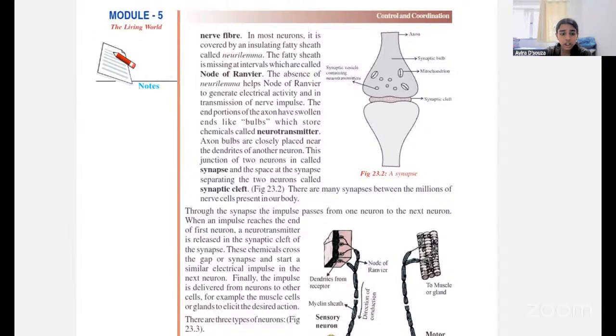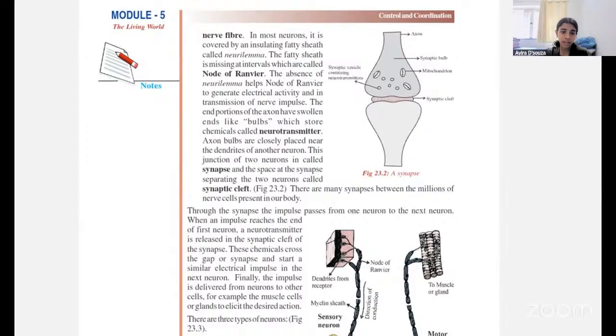The fatty sheath is missing at intervals, which are called nodes of Ranvier. The absence of neurilemma helps the nodes of Ranvier to generate electrical activity and in transmission of the nerve impulse. The end portions of the axon have swollen ends called bulbs, which store chemicals called neurotransmitters.